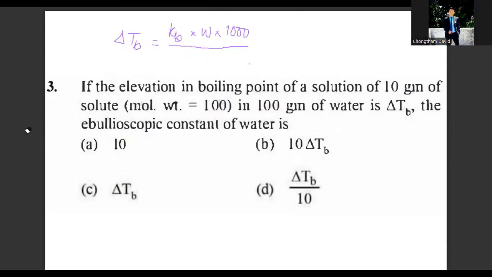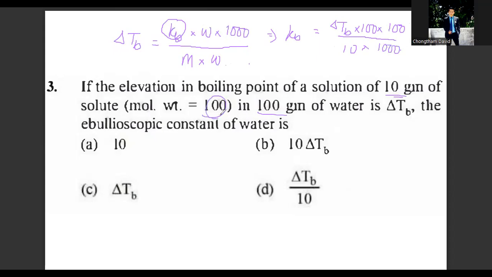Let us first write the formula, then later on let us give the value for this question. Molecular weight into weight of the solvent. This is the formula. From this, you calculate the ebullioscopic constant. Now, Kb is equal to delta Tb into 100, because you are given 100 gram of the solid, divided by 10 gram of the solid into weight of the solvent in kilograms, so 1000.